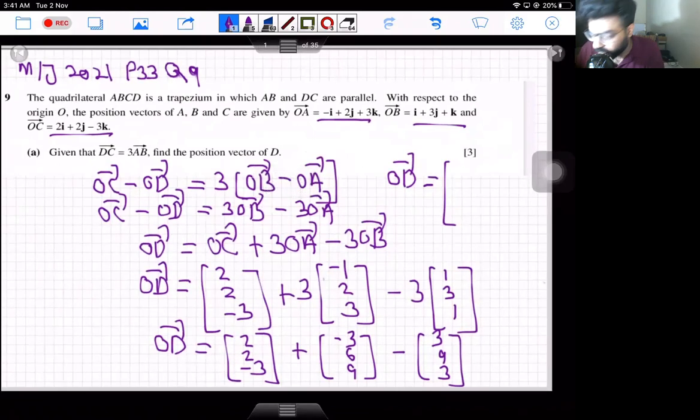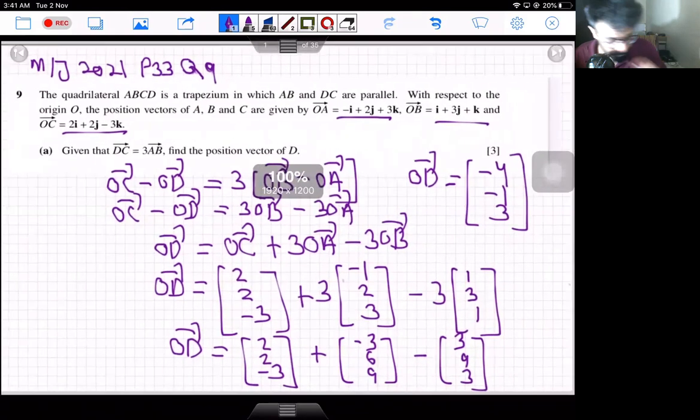So 2 minus 3 minus 3, this is minus 4. 2 plus 6 minus 9, this is minus 1. And the z component is minus 3 plus 9 and then minus 3, this is positive 3. So OD vector is minus 4, minus 1, 3.